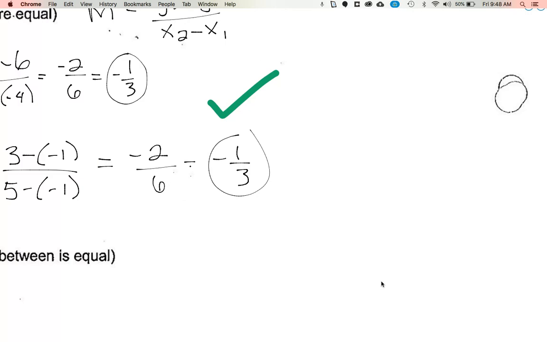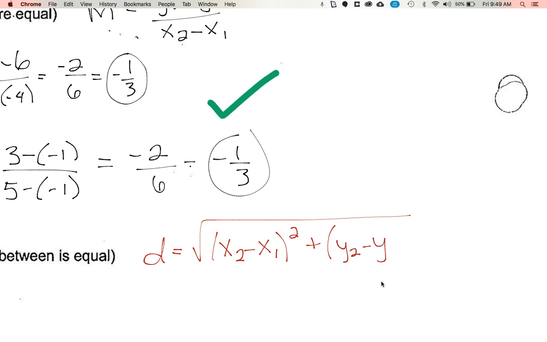So the distance formula that we're going to use is D equals the square root of x2 minus x1 squared plus y2 minus y1 squared.